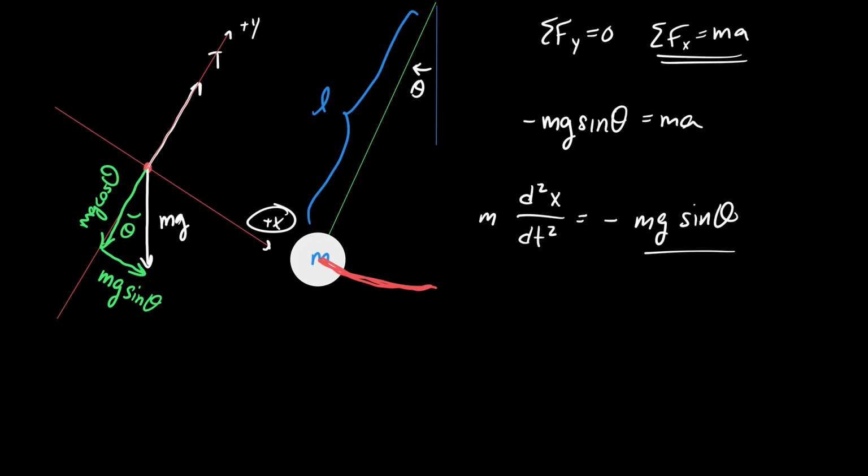In fact, based on what we talked about just a few minutes ago, I could write that this length is equal to theta times L. But I don't have theta over there. I have sine theta. So for this example, I'm going to say, let's keep the angle small.